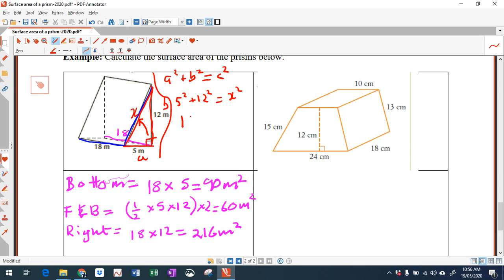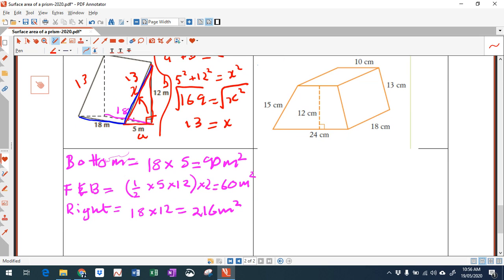That's going to give you 169 equals x squared. Then just square root both sides, and you're going to get 13 is equal to x. So this side here is 13. That means this side is 13 as well. And now we've got 18 times 13.